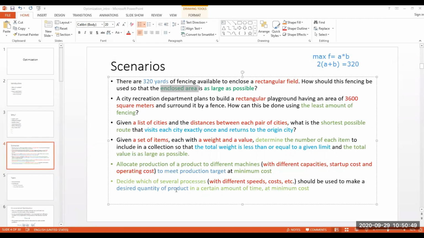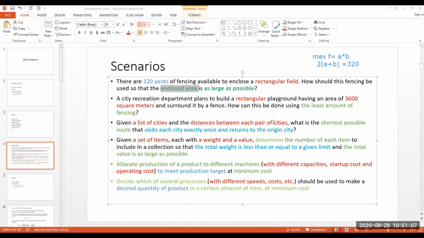Let's say if you have example number 3, given a list of cities. So your information available is a list of cities. Let's say you have 4 or 5 cities. And you also know the distances between each pair of cities.